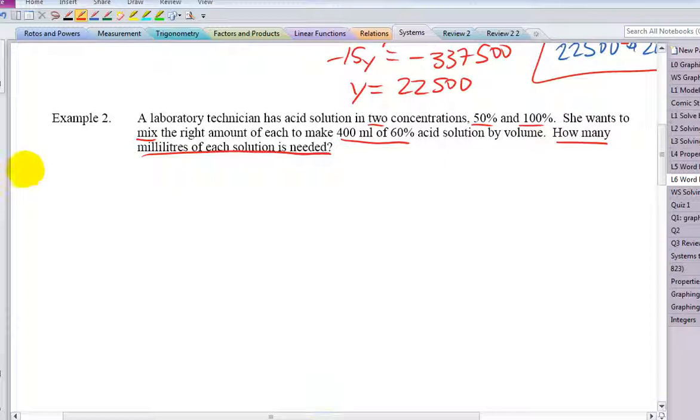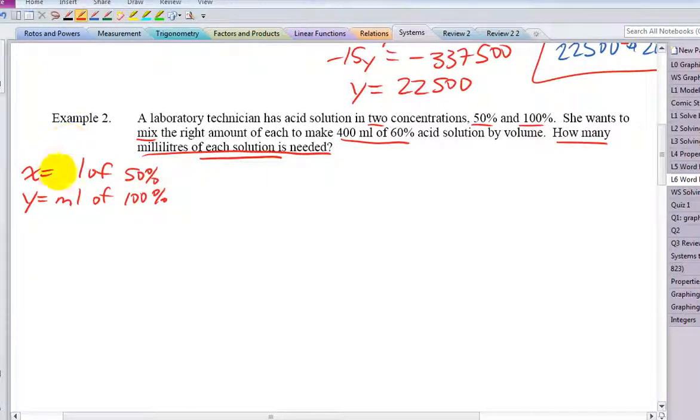Okay. Looking at the last sentence, how many milliliters of each solution is needed? So X equals the milliliters of 50% solution. So what should Y equal? Yeah, the milliliters of 100%.